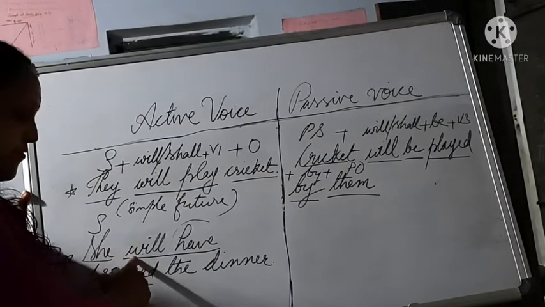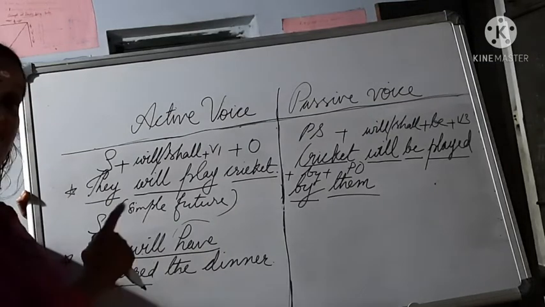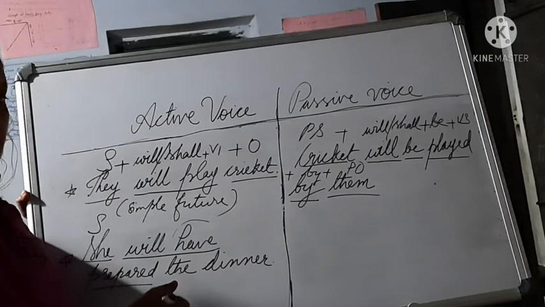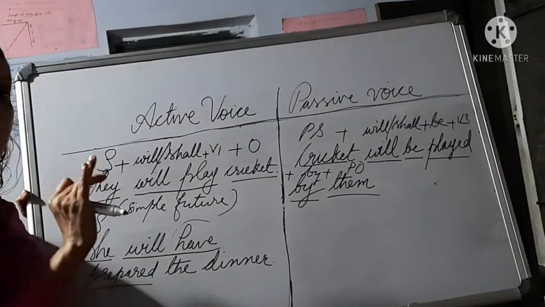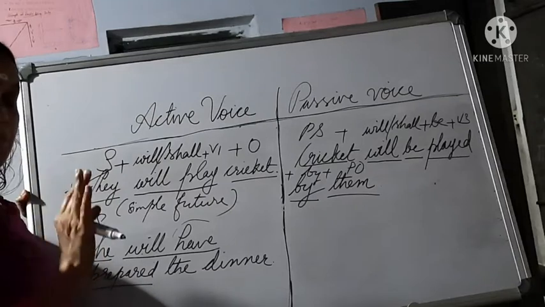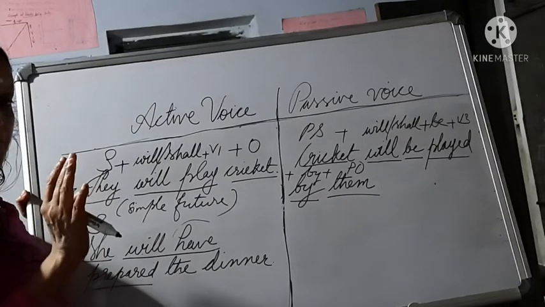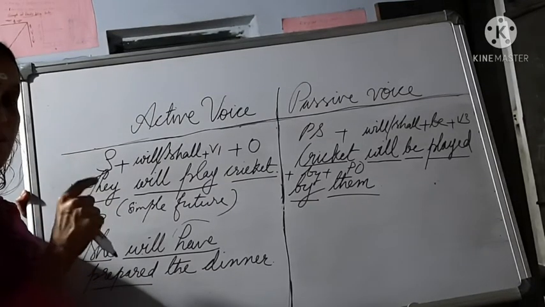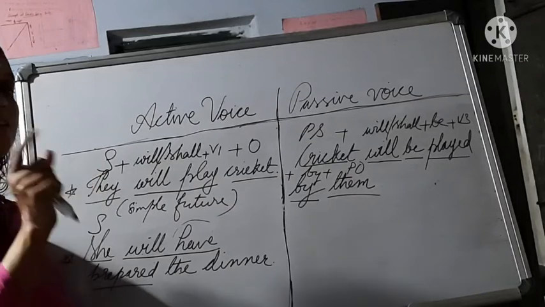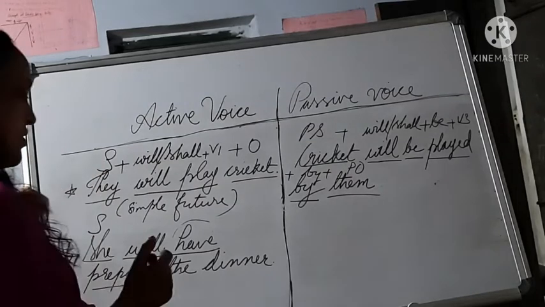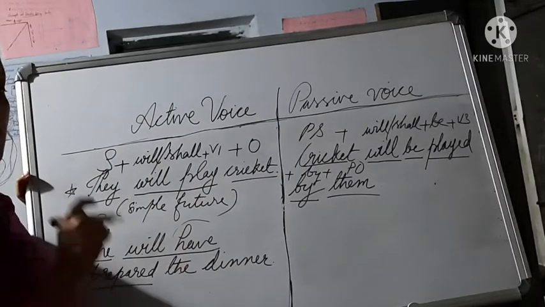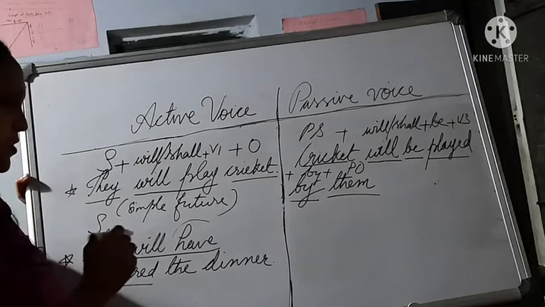So since will is there, we can say it is future perfect. Understand? Have or has or had plus V3 means perfect, present perfect or past perfect. When will is there, will plus have plus V3 means future perfect. Will or shall plus have plus V3 means future perfect.